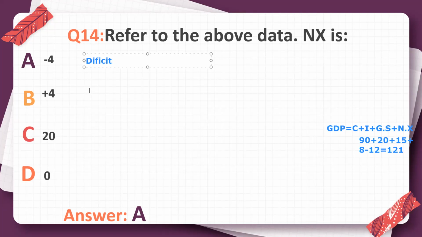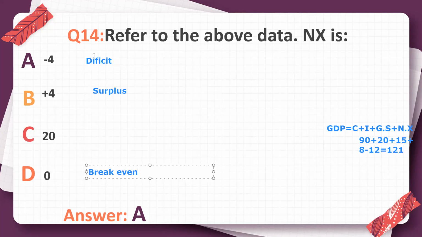If it is positive, we will have a surplus. If the net exports is 0, that is called break even. So we have three cases: if net exports is negative, it is called a deficit; if positive, it is called a surplus; if it is 0, it is called break even.